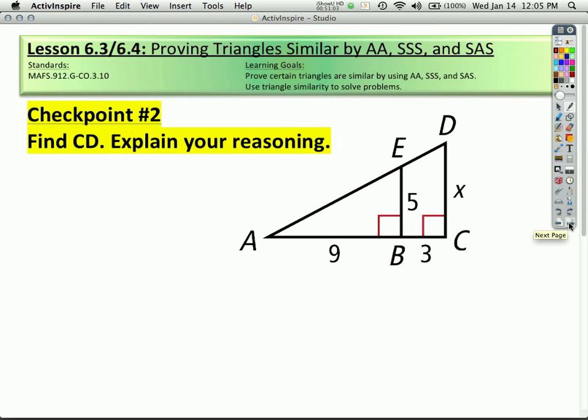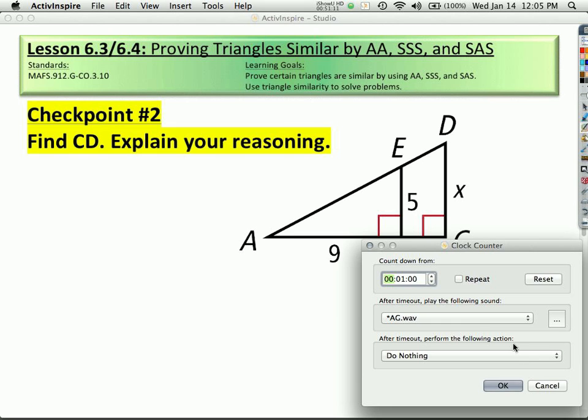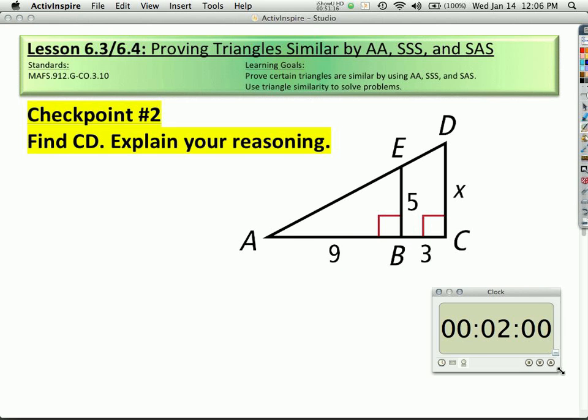Checkpoint number 2. Remember the thing I keep saying over and over again. You've got 2 minutes.